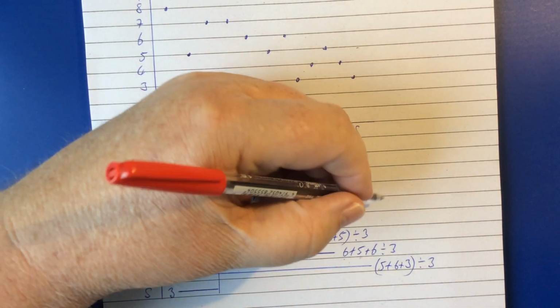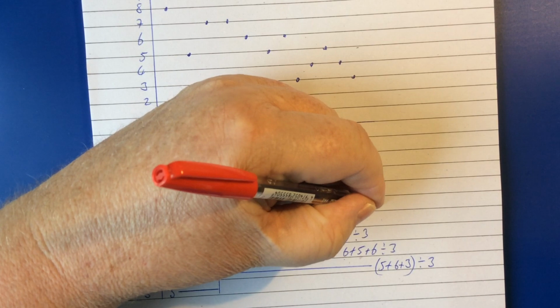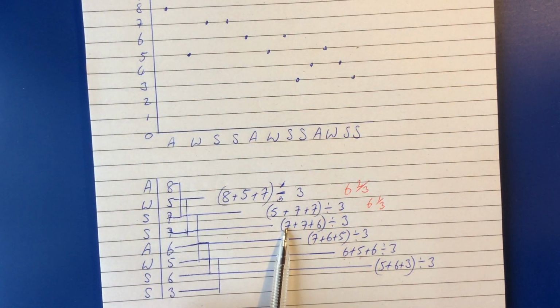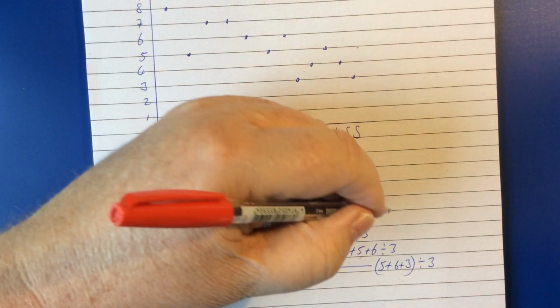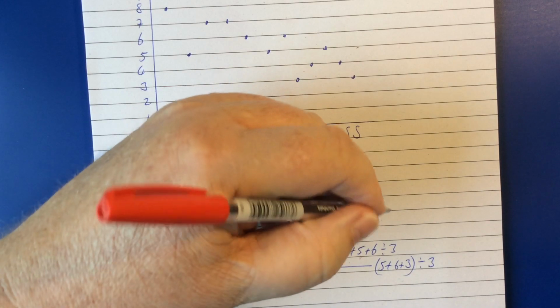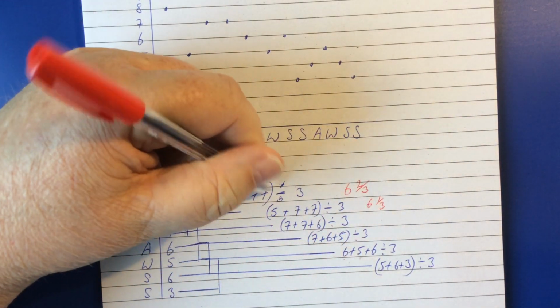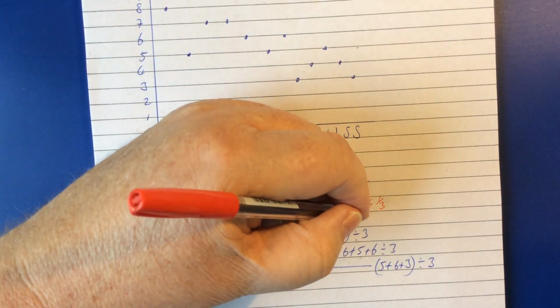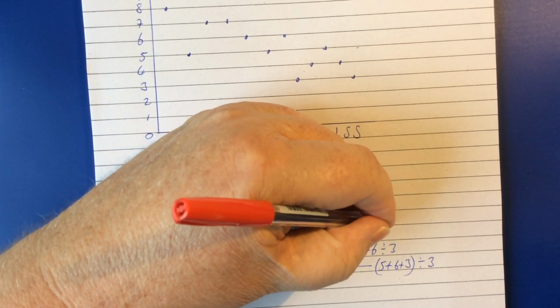That is 6 1/3. Next, 7 and 7 is 14, and 6 is 20. 20 divided by 3. I think we're going to be back at 6 2/3. It's pretty much the same as that. So 6 2/3.